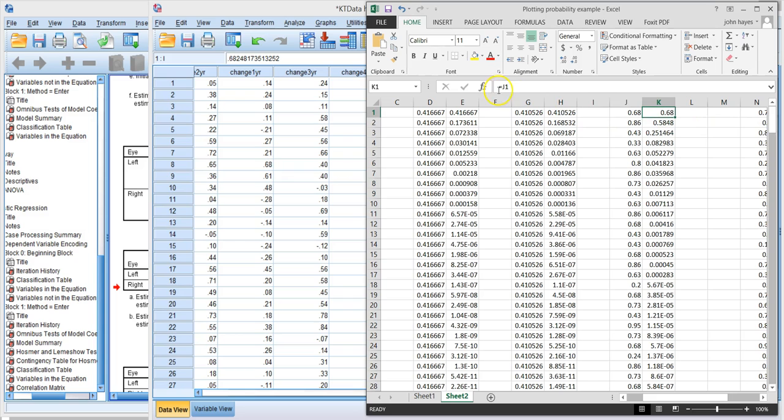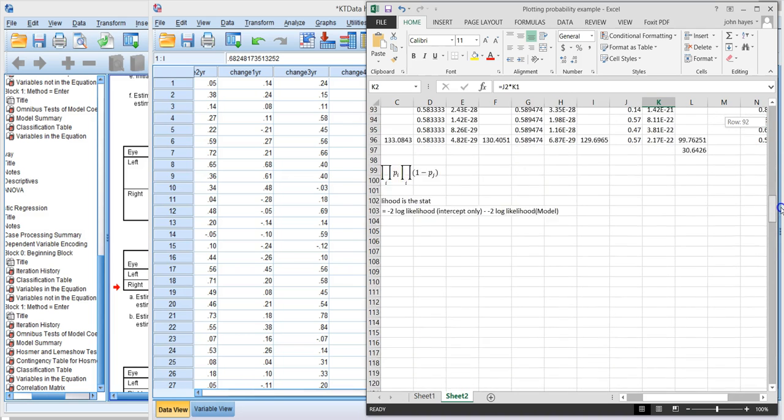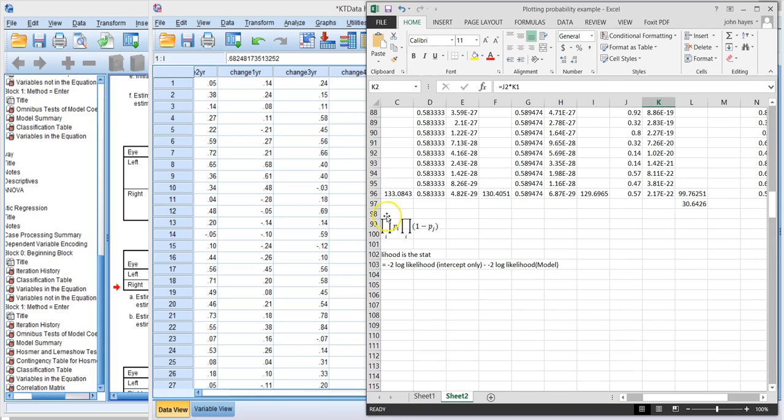Now we're going to work out the formula: multiply all the P's together, multiply all the 1 minus P's together.